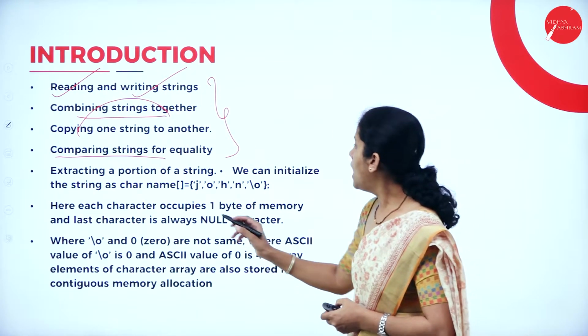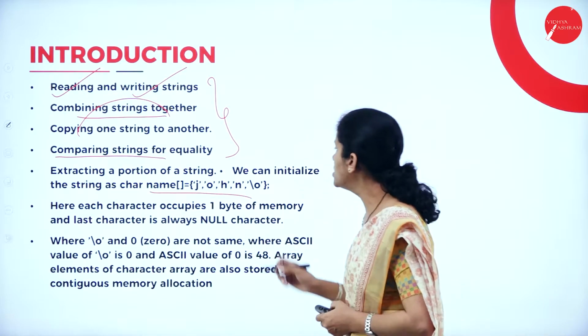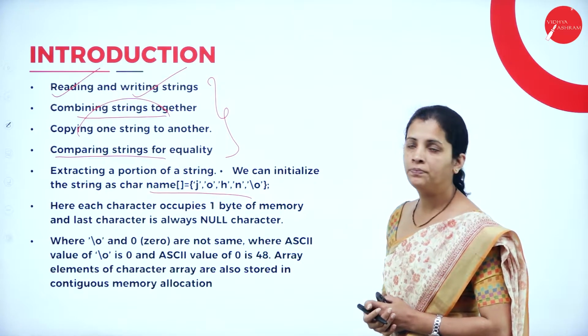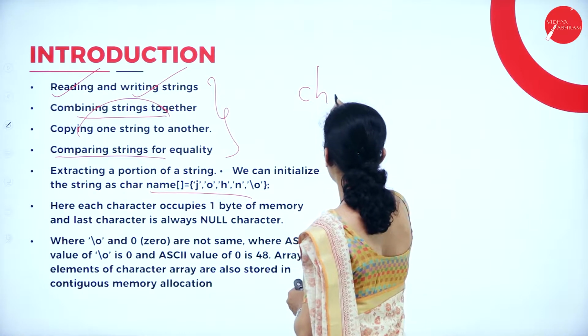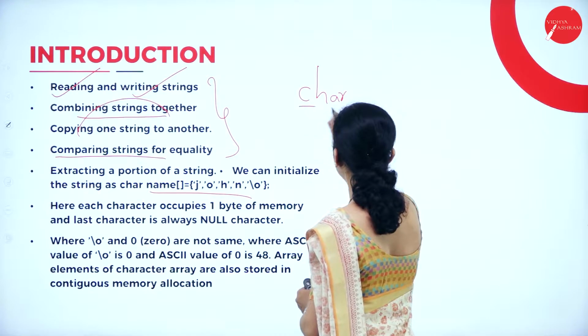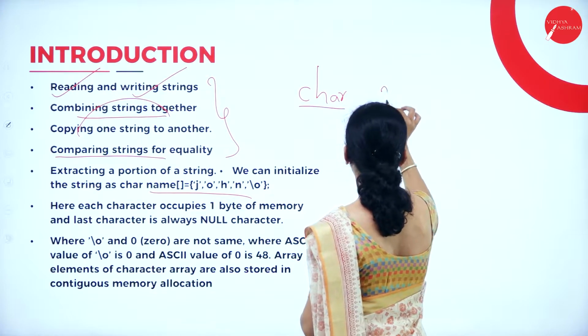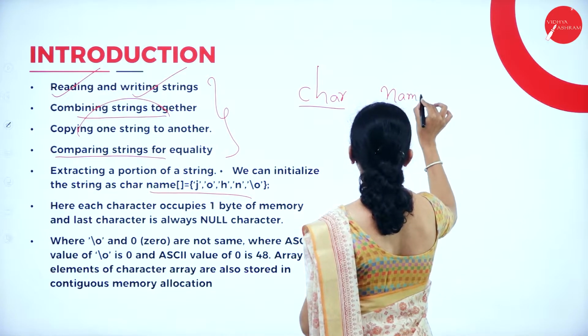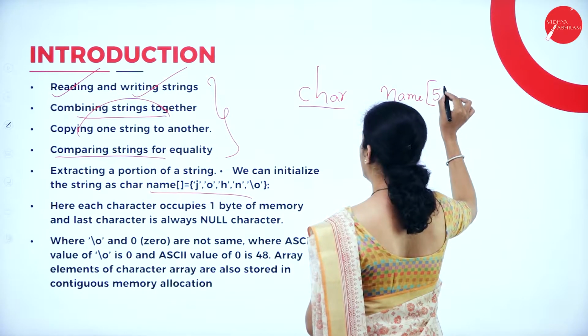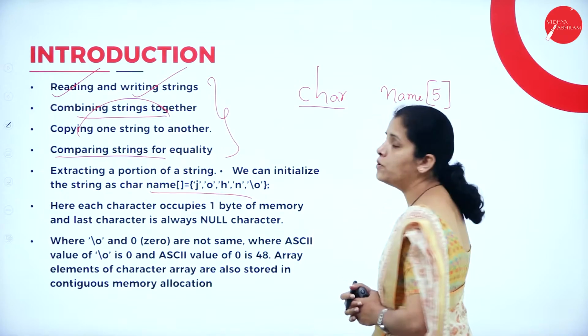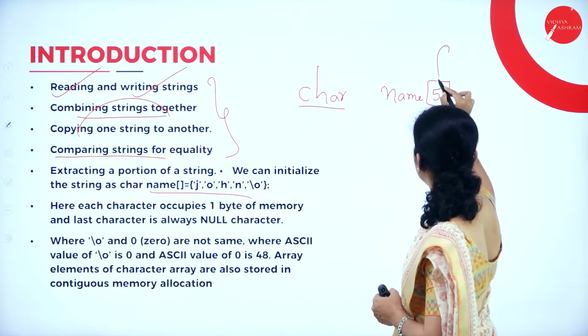Now, how can I initialize a string here? Now, take this example, that is char. So here char is nothing but the data type, the string name is name, and I'm going to take 5. So what is the size of the array here?